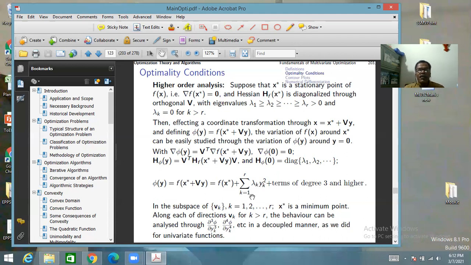So in the subspace of the first r eigenvectors, x star is a minimum. In all of those r directions, you will have this kind of a profile of the function.